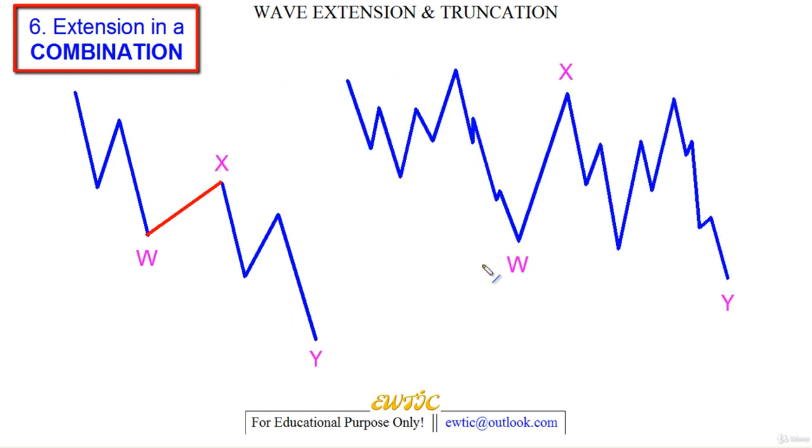You can see multiple flats connected with each other via wave X, right? So this is also considered as the extension of the correction, right? So these are the line diagrams I have just shown you to show you how the extension looks like in each pattern of the Elliott wave principle, right?